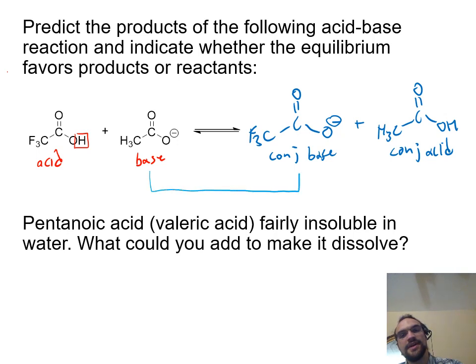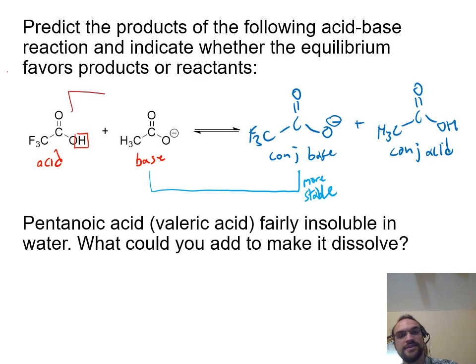We could compare the conjugate bases, and between a negative charge with a CH3 group attached, or a negative charge with a CF3 group attached. Well, we're going to go with the CF3. That's going to really stabilize the charge. So between these two, this base is more stable, right? Which would suggest that that side of the equilibrium is going to be favored.